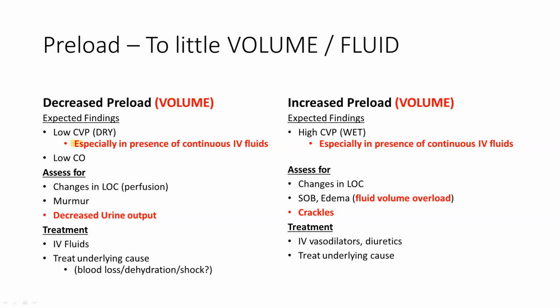So if I have continuous IV fluids, and then we're going to talk about this concept later, the central venous pressure. It's something that you'll probably get in the ICU. But it's a number that's sort of going to tell us either wet or dry. So really low numbers are going to be dry, really high numbers are going to be wet.